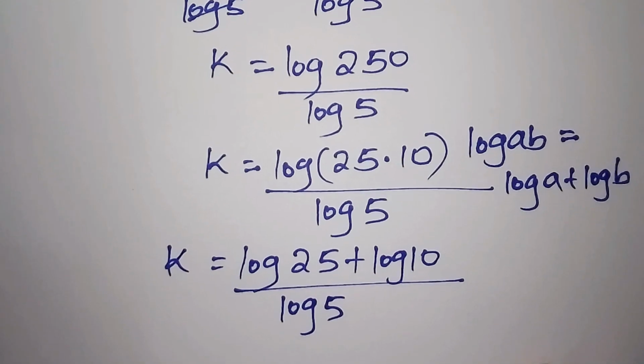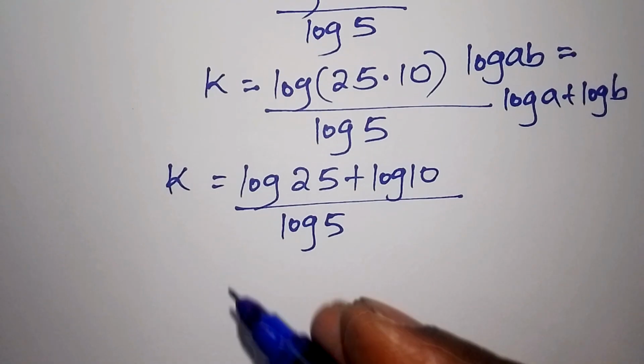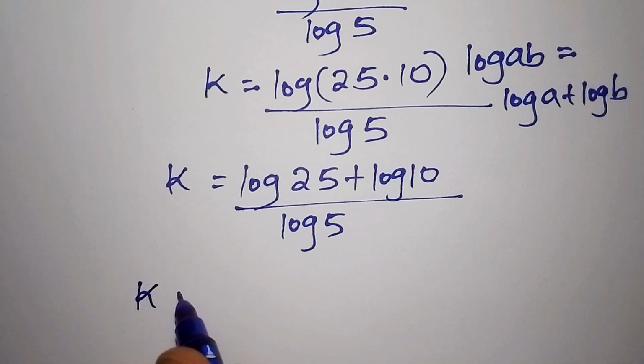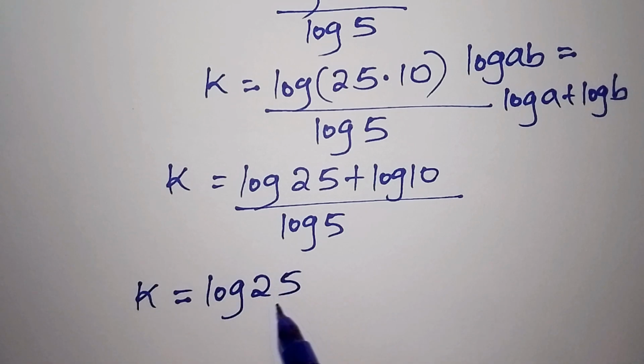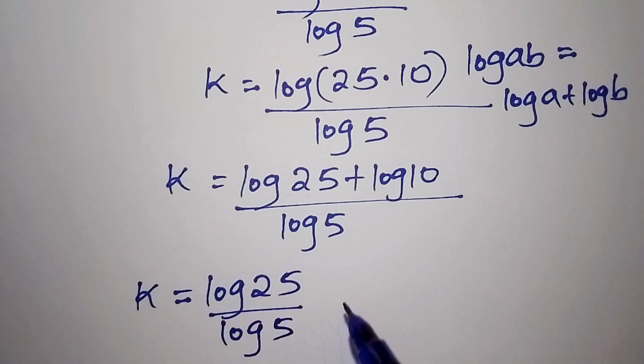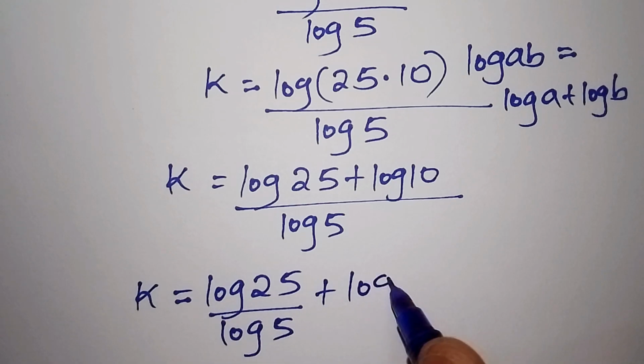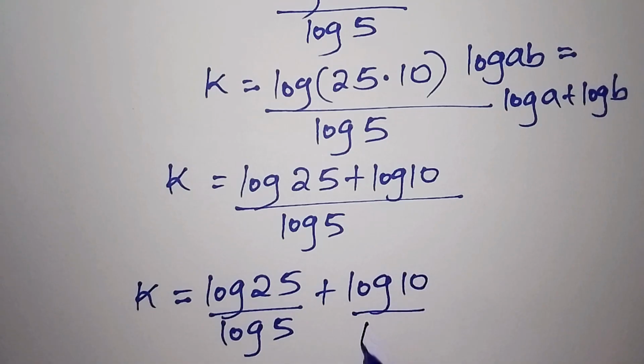Next is to divide both sides by the log of 5. So the value of k is now equal to the log of 25 all over the log of 5, plus the log of 10 all over the log of 5.